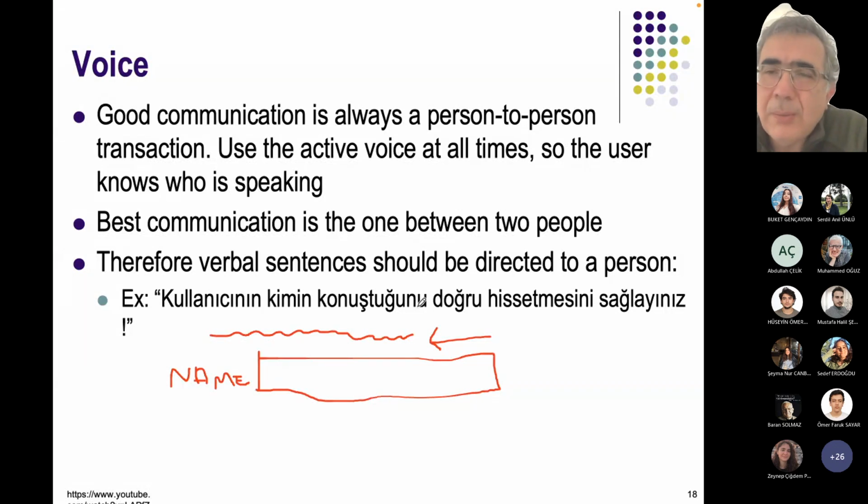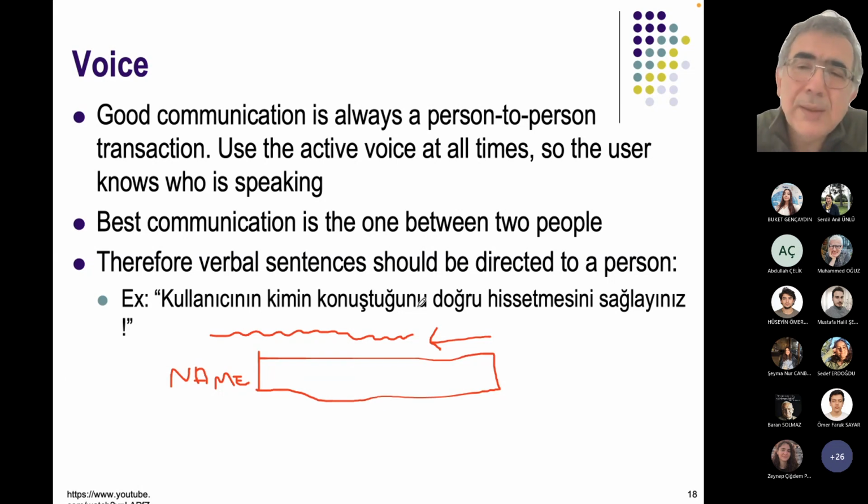So any kind of computer application should have some kind of politeness in the language and proper language. You never say "geliyor" or "I am gonna add the following items." Can you imagine an application talking like a slang language? No. Applications should always use a proper language and verbal sentences.